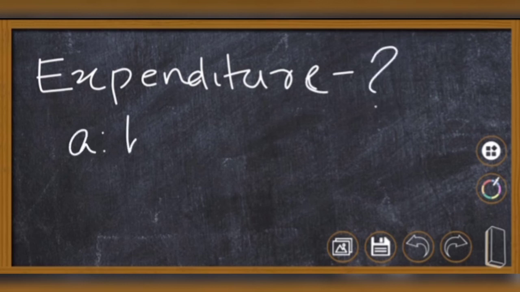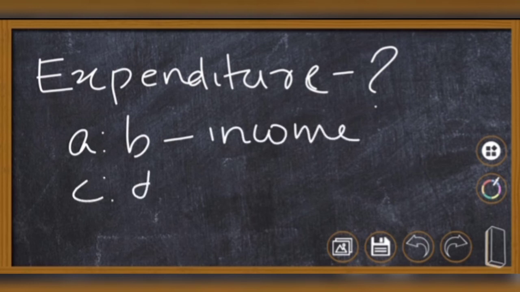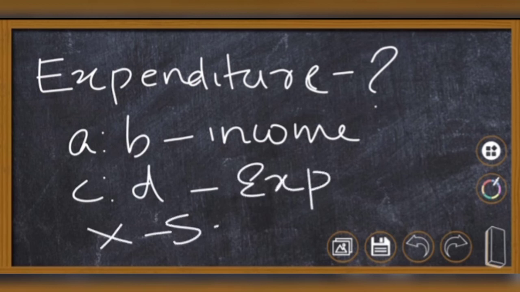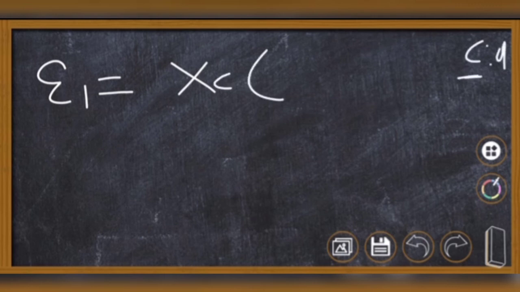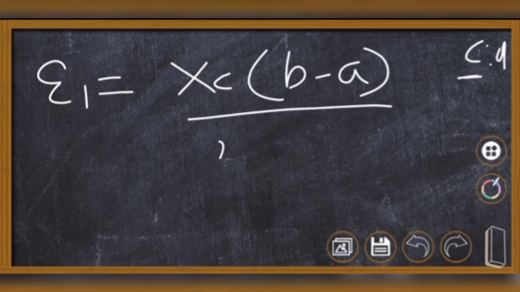Now what will be the expenditure? If A is to B is the income, C is to D is the expenditure, and X is the savings, expenditure 1, E1, will be X into the first term of the expenditure ratio, C, into the difference between the income ratio, B minus A, divided by the difference between the cross products, AD minus BC.